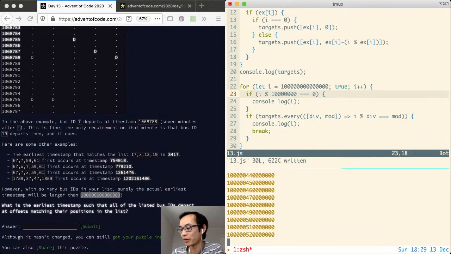I guess what it means, right, is if it's mod 12, what that means is I want a number that's 13x plus 12. 13x plus, like the x can be anything, right? So 13x plus 12.